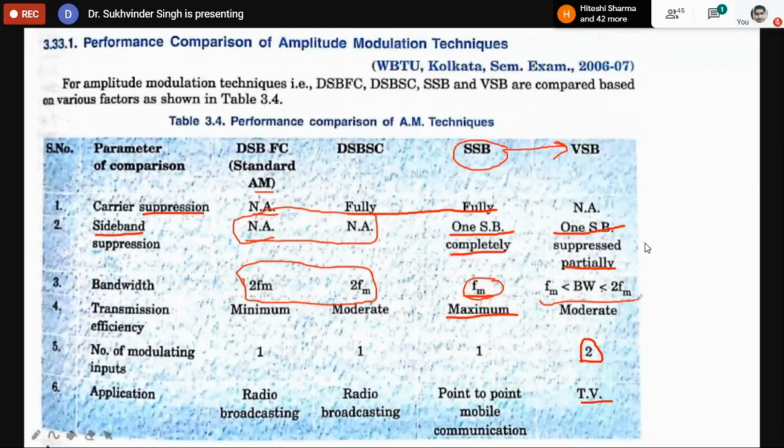Because it depends upon how much unwanted signal we are taking, or how much vestige we are taking. The number of modulating inputs is one in case of all three methods, DSB-FC, DSB-SC, and SSB, whereas in case of vestigial sideband, we have two types of modulating inputs. One is picture, another is sound.